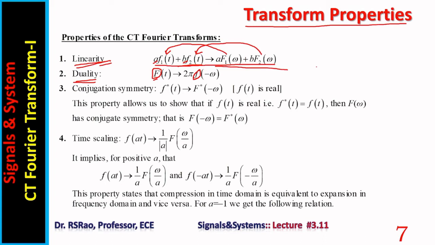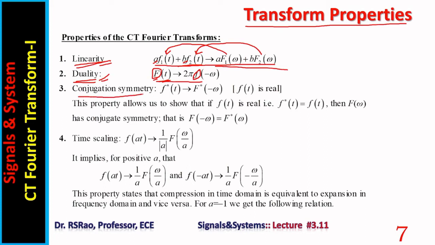So in place of omega in capital F of omega, if we substitute t, we get capital F of t. Its Fourier transform then becomes 2 pi times small f of minus omega. How can we obtain small f of minus omega? In place of t in the time domain signal, place minus omega. So this relation is known as the duality property.